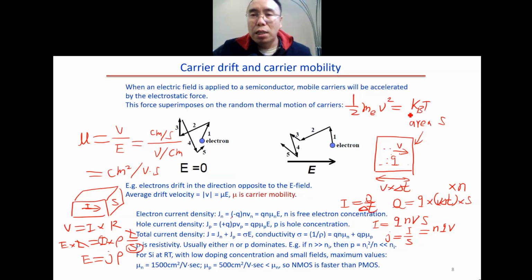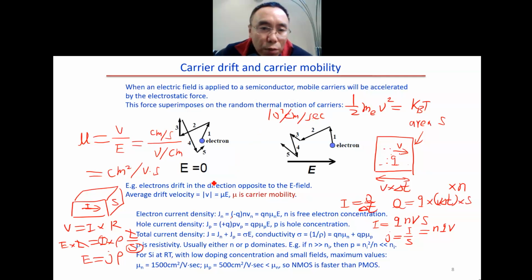So at room temperature, with the electron mass equal to 9.1 times 10 to the power minus 31 kilogram, we can find the speed of the random thermal motion. The speed is 10 to the power 7 centimeter per second. So this is the speed of the thermal motion.